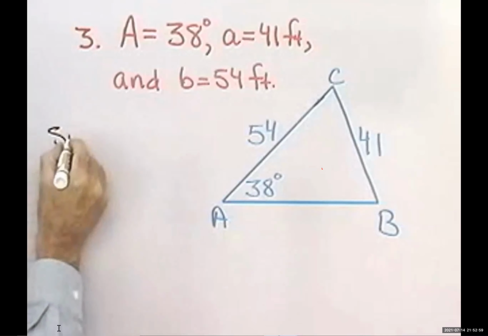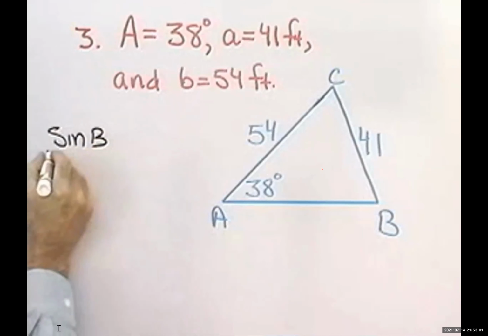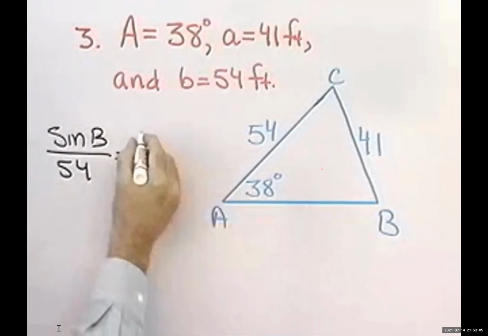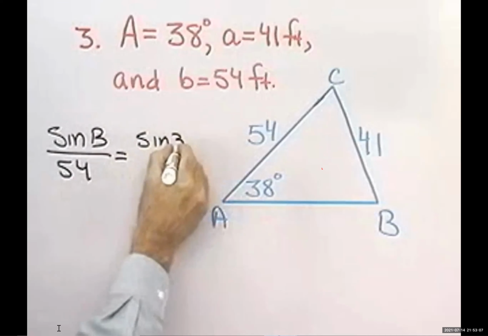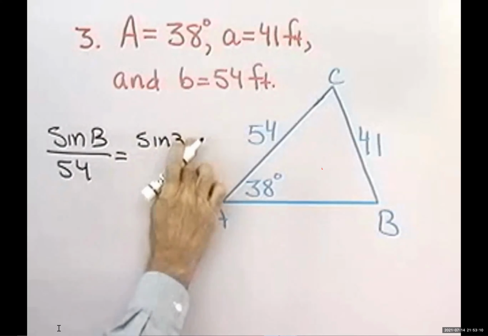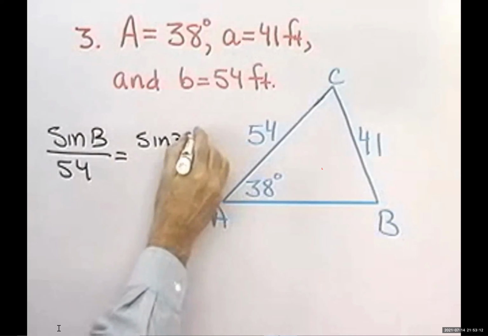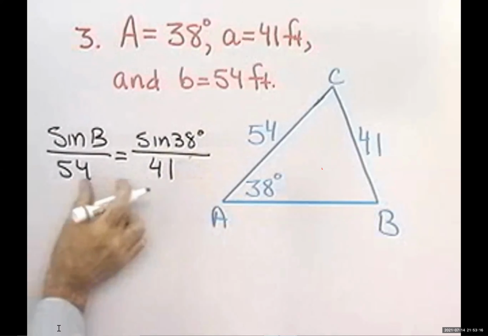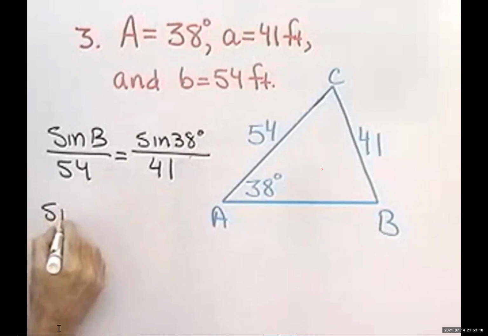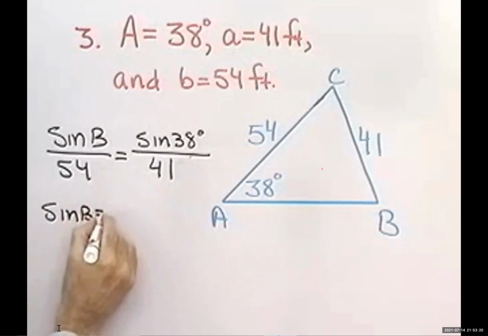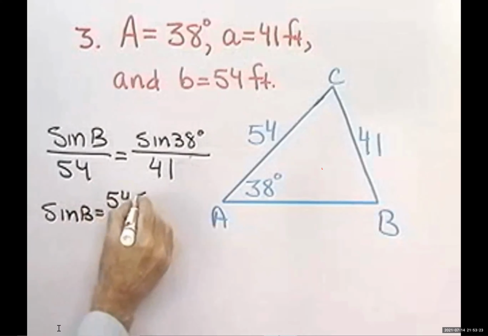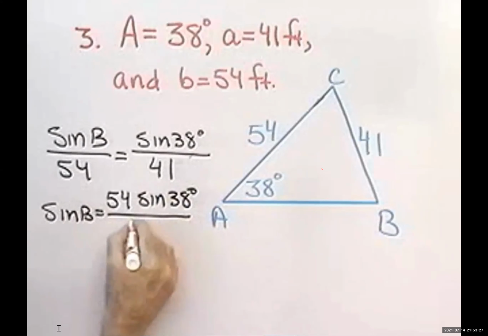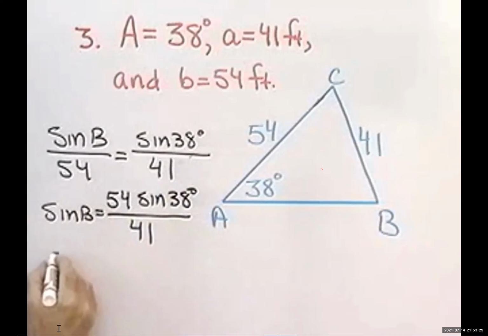So the sine of angle B over 54 is equal to the sine of 38 degrees over 41. Now, I'll multiply both sides by 54, and I'll end up with sine B equal to 54 sine 38 degrees divided by 41.